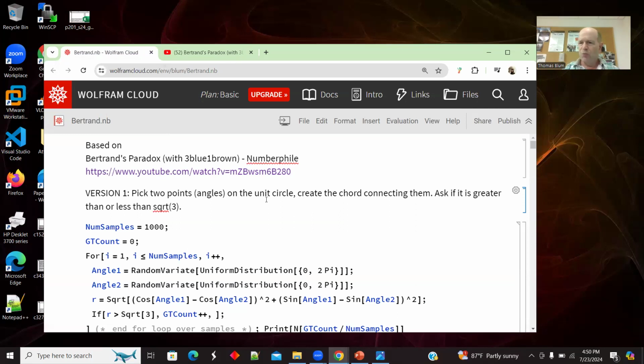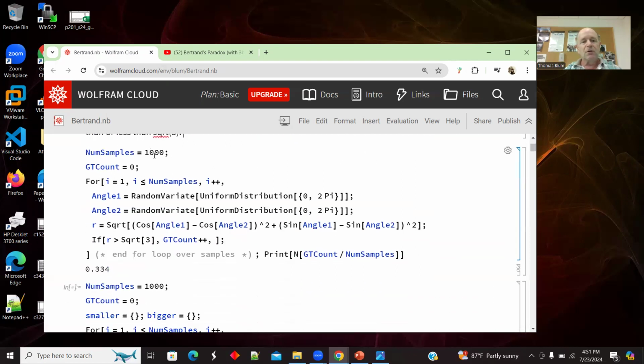So pick 2 points along the circle. Since it's a unit circle, I can pick just angles between 0 and 2 pi, pick 2 of them, have those correspond to x and y points, find the distance between those points, and ask if it's greater than the square root of 3.